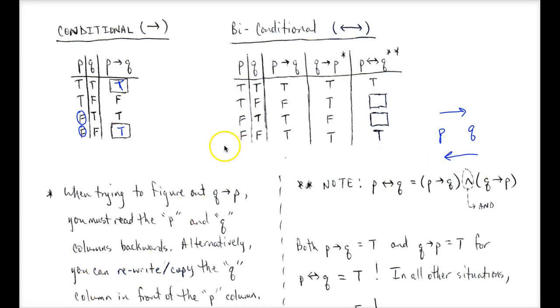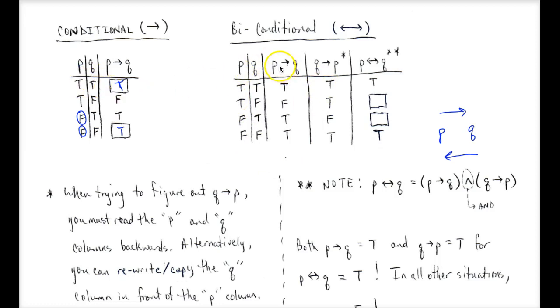And so biconditionally, we know that the only way this happens is if both P and Q are true, or if both P and Q are false. And so we form the biconditional truth table by actually using what we know about the and truth table.